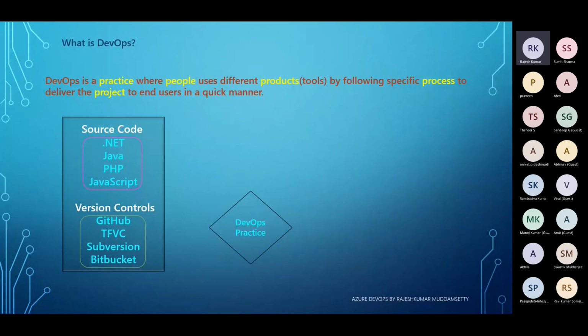Once the source code is ready, what is the next thing you want to do? You need to build the source code. Until you build the source code, the code is nothing but a collection of English alphabets, a series of English sentences. If I write print hello world in a notepad, it won't do anything.